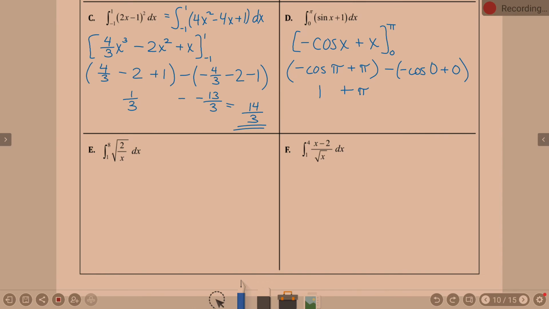So I've got 1 plus pi minus, cosine of 0 is 1. The opposite of that is going to be negative 1. And then the plus 0. So I end up with 2 plus pi or pi plus 2, whatever makes you happy there. Okay.